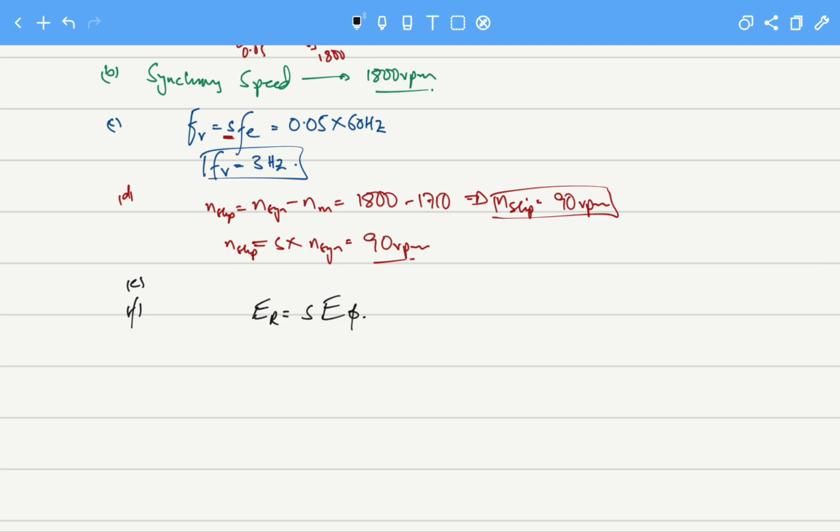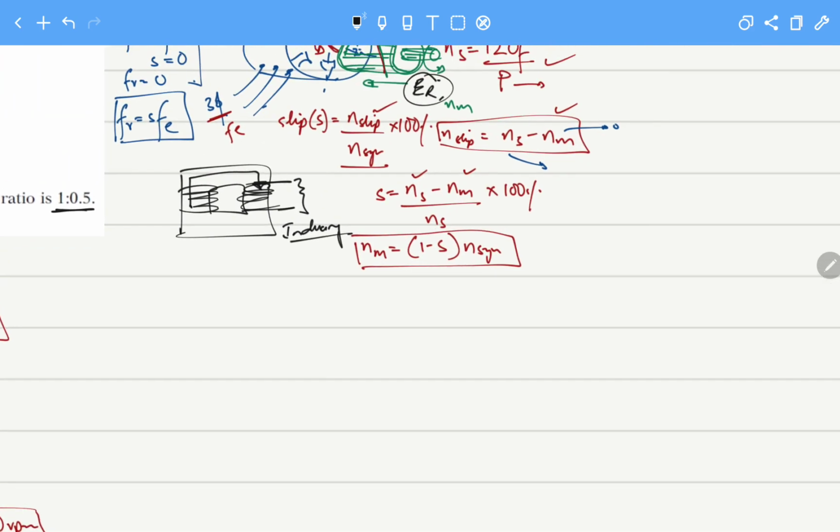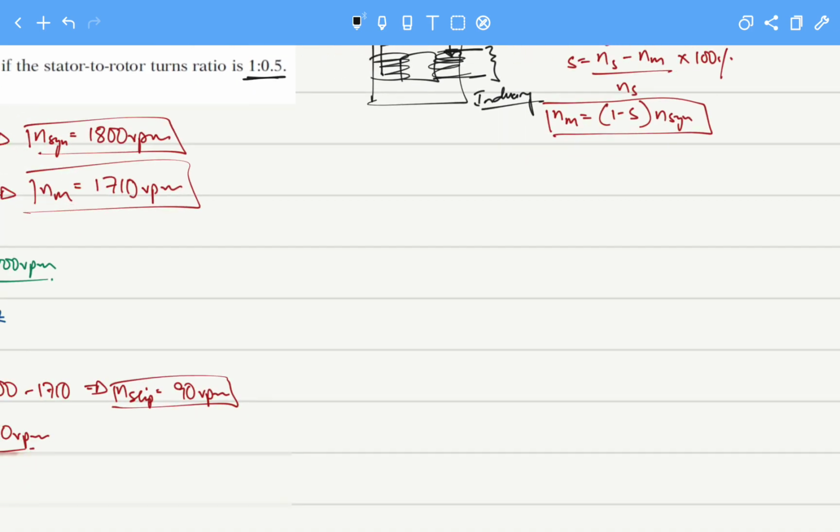So ER dash equals s times a effective, the turns ratio, multiplied by ER naught. And this ER naught is the voltage at zero speed, the locked rotor speed, which equals the phase voltage applied on the terminals of the machine.